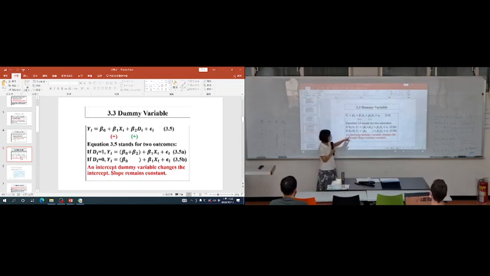Therefore, an intercept dummy variable changes the intercept. Slope remains constant, so slope remains the same. So what you call the intercept is the coefficient of this term, this term. Is it beta 1, beta 2, what you call intercept or what? Yeah, this is called intercept. This is called slope.